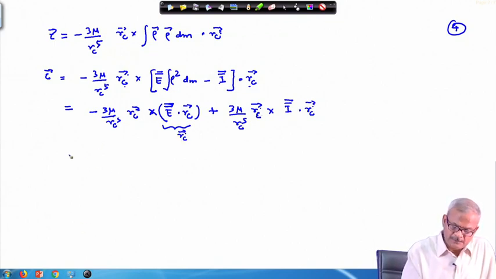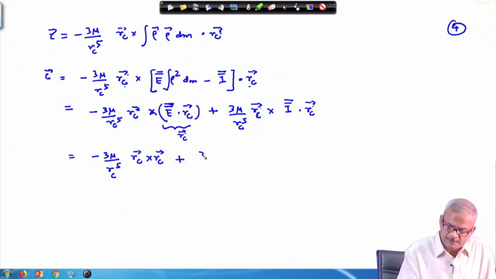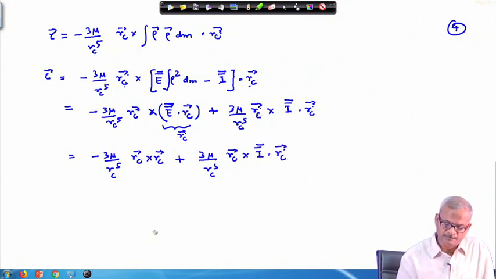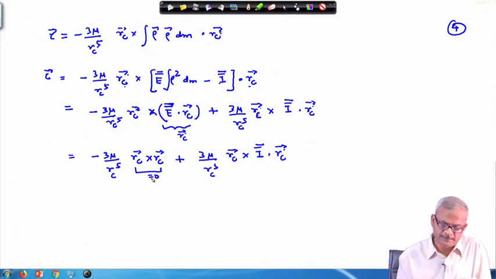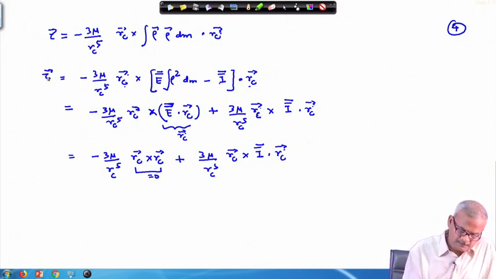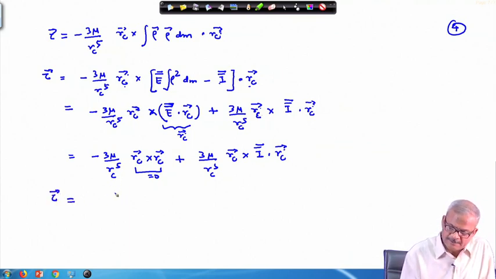So, therefore, in the next step we can write this as 3 mu by R c to the power 5, R c cross R c plus, and this is nothing but 0 because it is the cross product of the same vector. So, this part vanishes.